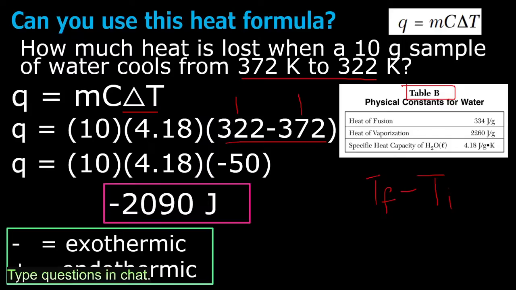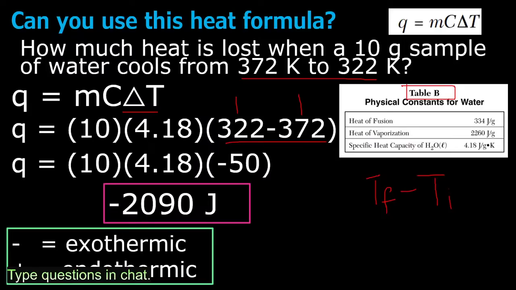And if I had heat or energy or joules or calories listed with the reactants, that would be endothermic. Why? Because energy coming in with the reactants means endothermic. Energy coming out with the products means exothermic. Okay, I hope that helps. If it doesn't, ask a follow-up question, but hopefully that clarifies it a little bit.